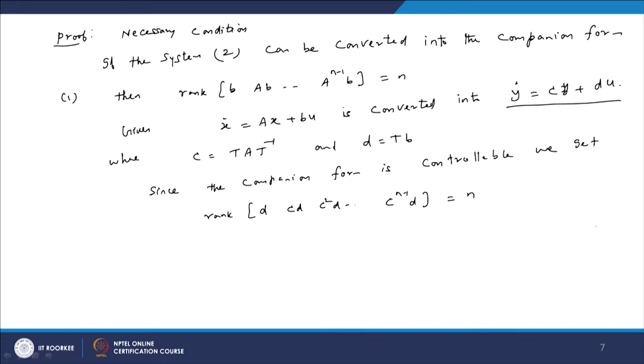So, now we have to prove the other one. If you call this 3 and this 4, from 4 we have to prove 3. So, what we do is directly substitute the D value.